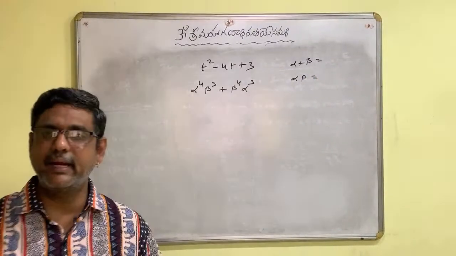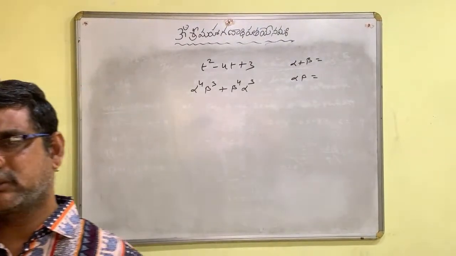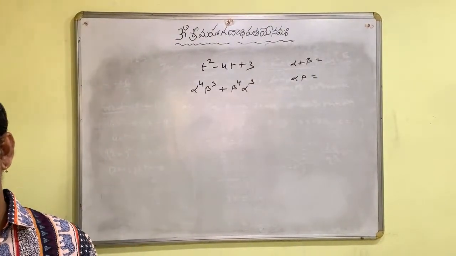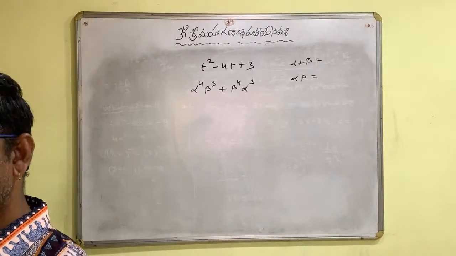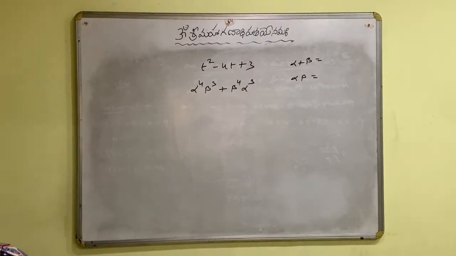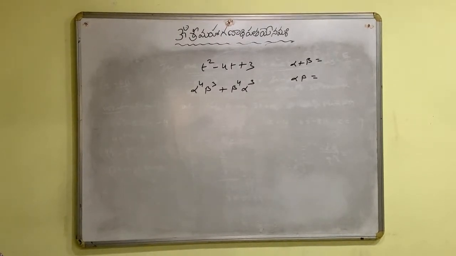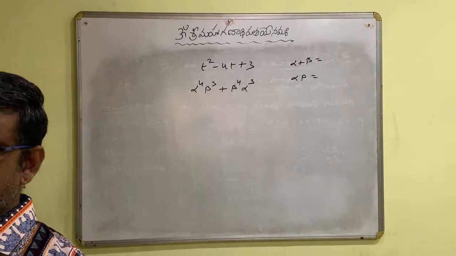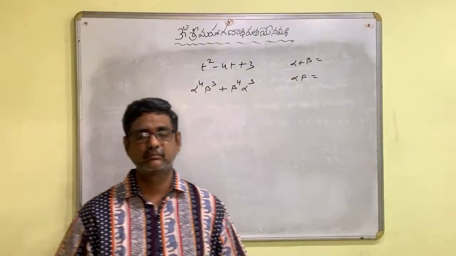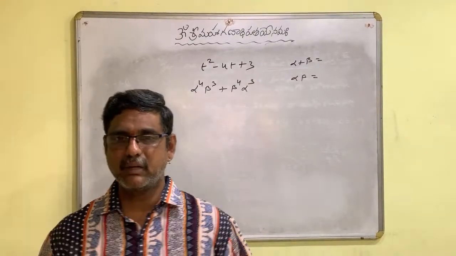For every problem immediately we need to write alpha plus beta, alpha beta values. What is alpha plus beta? 4.